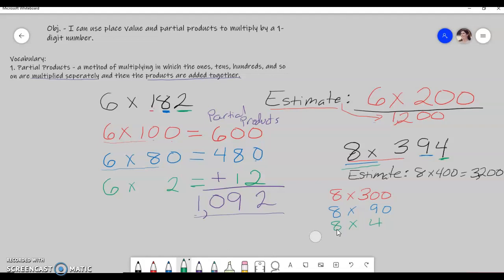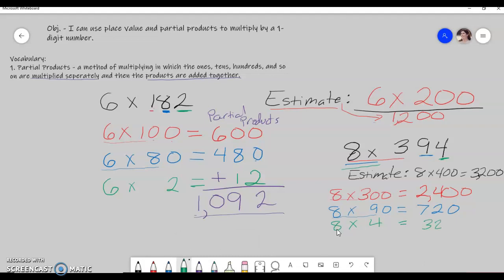So now I just need to solve all those. So 8 times 300, well, forget the zeros. 8 times 3, basic fact, 24, bring over those 2 zeros. Next, we're going to do 8 times 90. So 8 times 9, basic fact, 72. And bring over the 0. And last but not least, 8 times 4, 32.